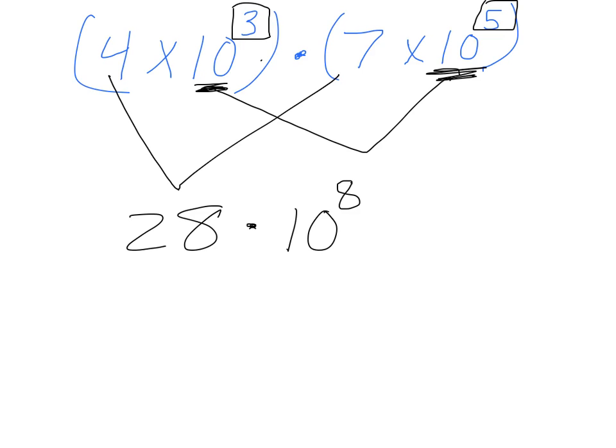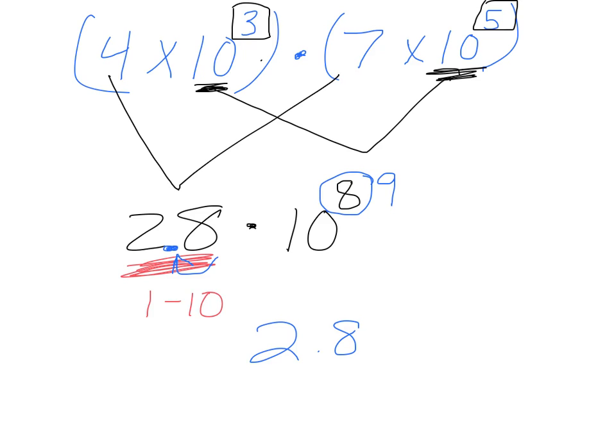Now, if we wanted to represent this number in scientific notation, there's a problem, because this number has to be between 1 and 10. We can make it between 1 and 10 by moving its decimal over to the left. But if we do that, we need to compensate by moving this number to the right. So we'd make that 9 instead. So the scientific notation of the product of the two numbers above would be 2.8 times 10 to the 9th power.